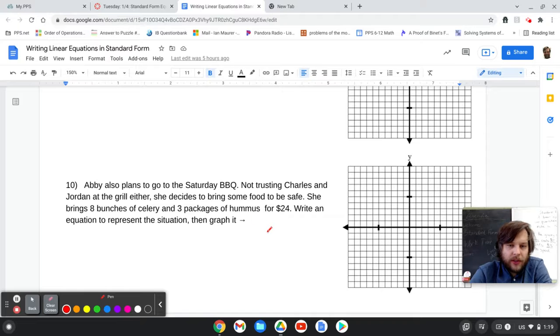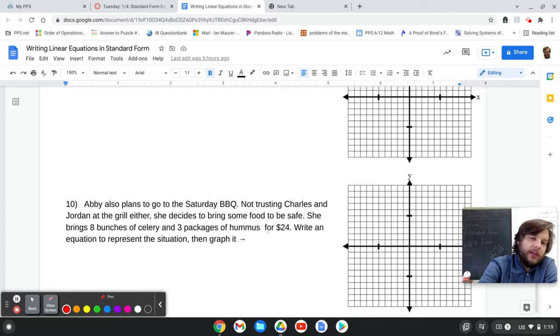Similar sort of situation, slightly different flavor here. Abby is going to the barbecue and she doesn't trust Charles and Jordan, so she's buying celery and hummus. And I want you to notice here, I actually know how many there are. What I don't know is the price. And so that's what my x and y are going to stand for.